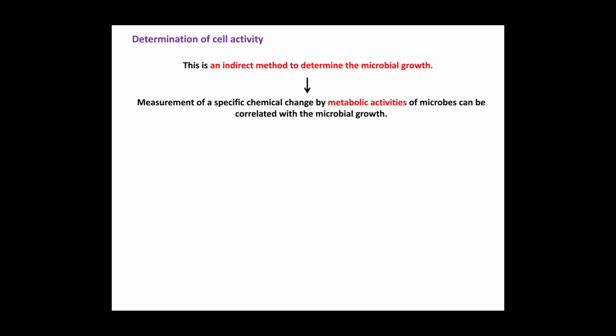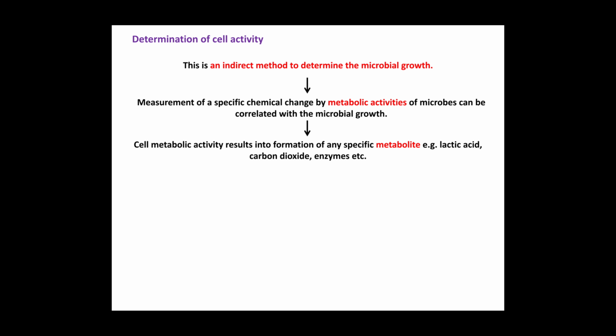The next method is determination of cell activity. This is an indirect method to determine microbial growth. Measurement of specific chemical change by metabolic activity of microbes can be correlated with microbial growth. Cell metabolic activity results in formation of specific metabolites, for example lactic acid, carbon dioxide, enzymes, etc. If a cell performs any activity, it forms some metabolic products.